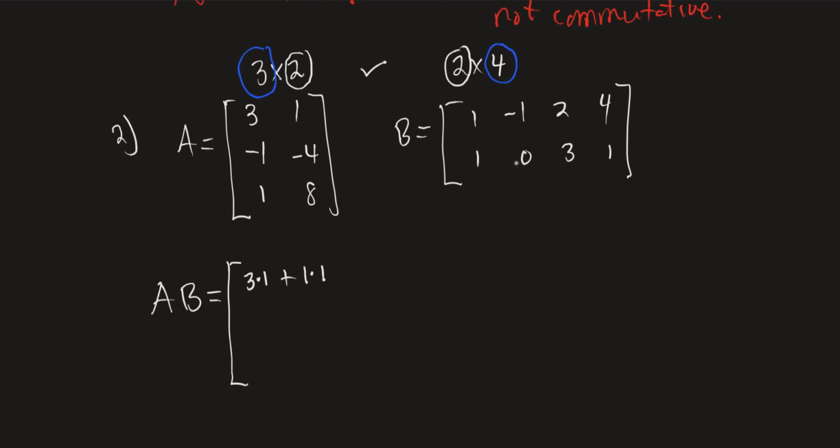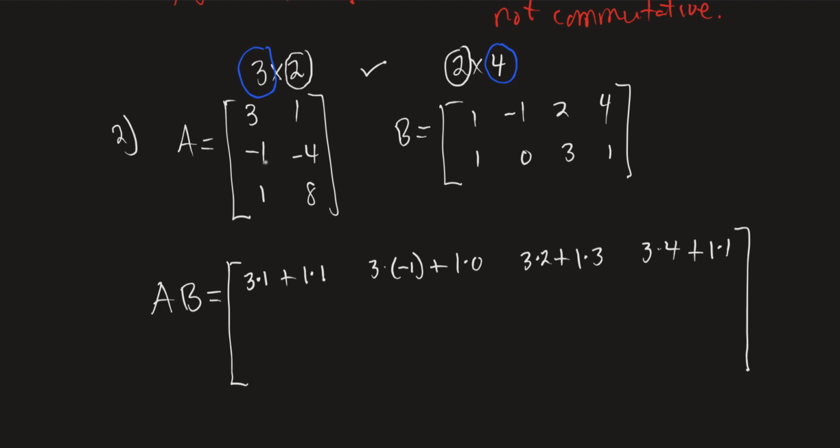First row, second column: 3 times negative 1 plus 1 times 0. First row, third column: 3 times 2 plus 1 times 3. And then first row, fourth column: 3 times 4 plus 1 times 1. And then we can close it.